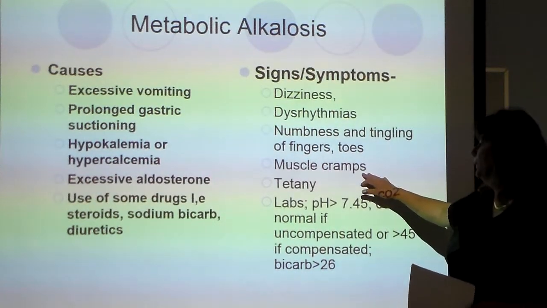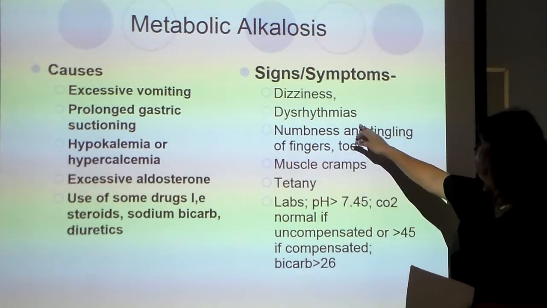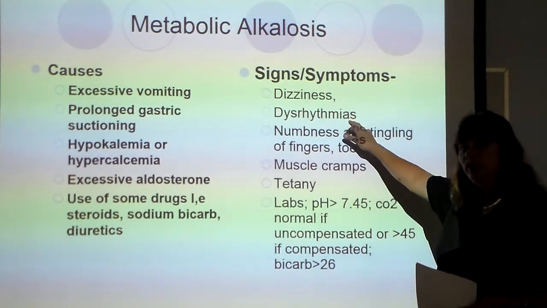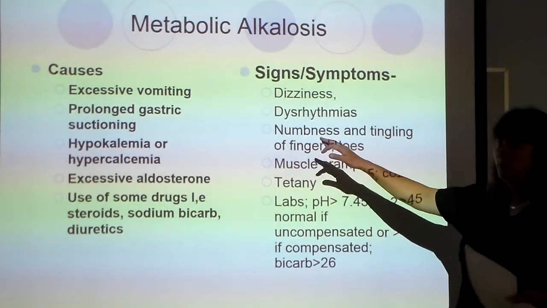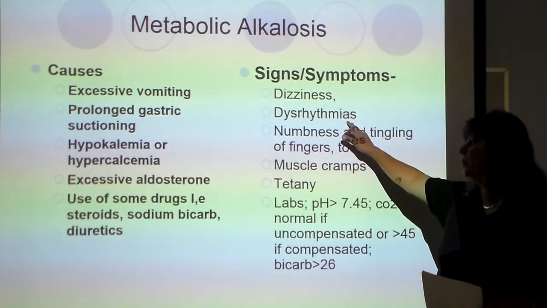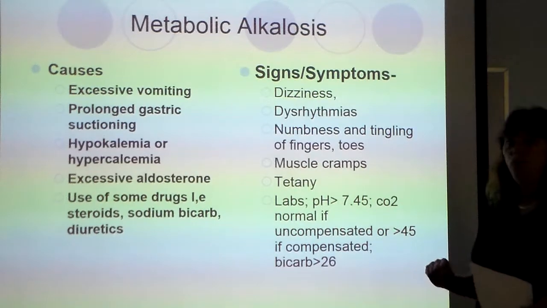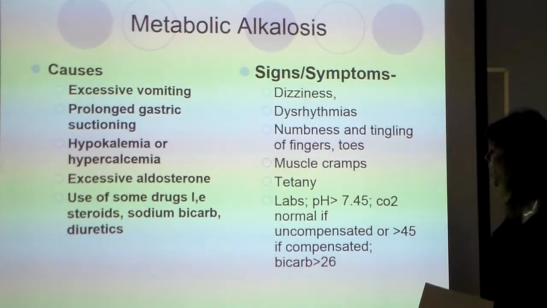Muscle cramping, tetany, because of the hypokalemia, we see the dysrhythmias, specifically ventricular in nature. We also see sometimes hypomagnesemia with it, again causing ventricular dysrhythmias. And then the hypercalcemia, we're going to see that muscle cramping and the tetany, okay?